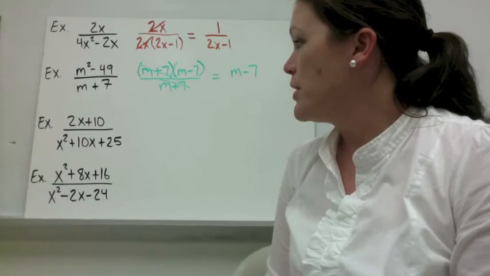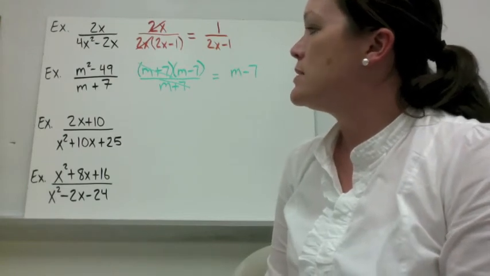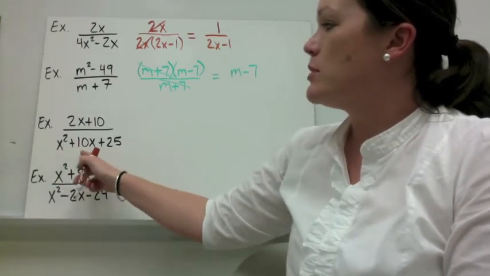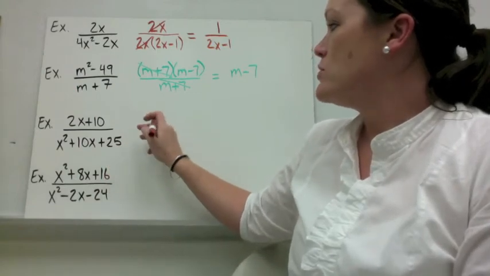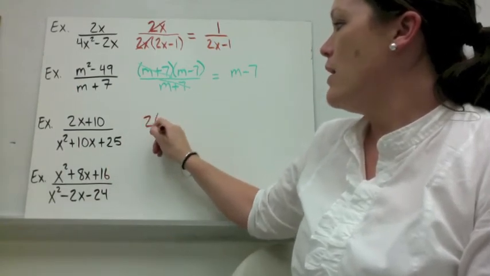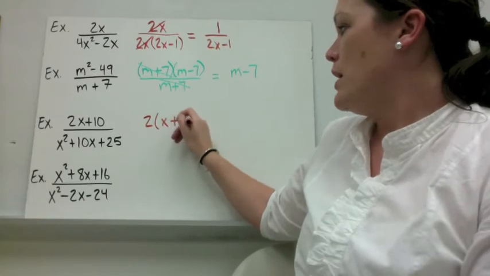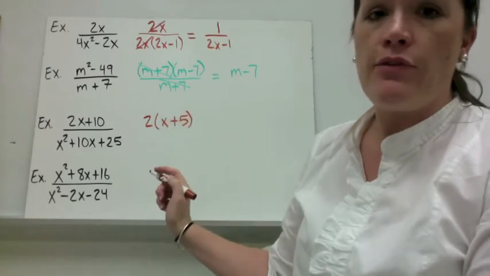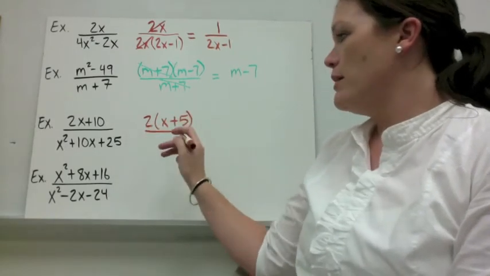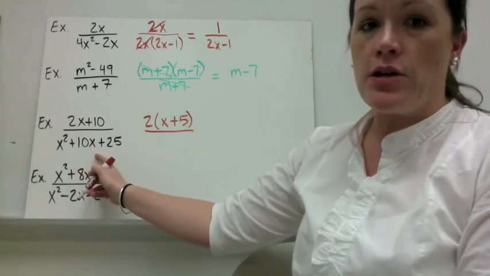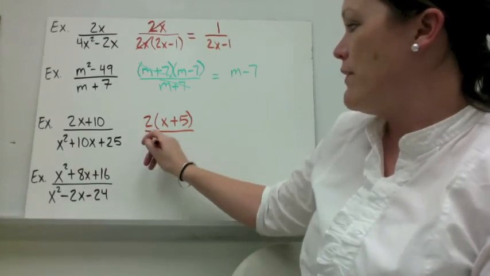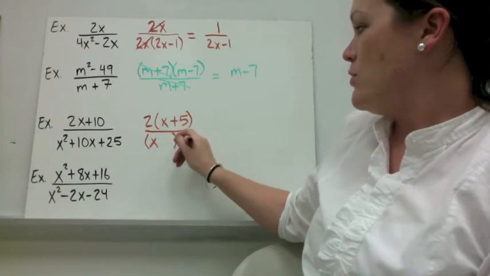Let's look at example 3. We have (2x + 10)/(x² + 10x + 25). For 2x + 10, we could take out a 2, and we would have x + 5 left over. In the denominator, we could factor x² + 10x + 25 as a trinomial.